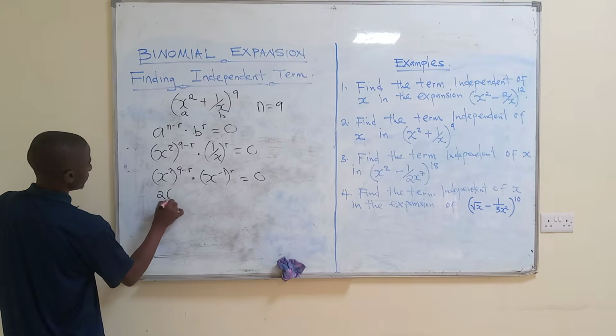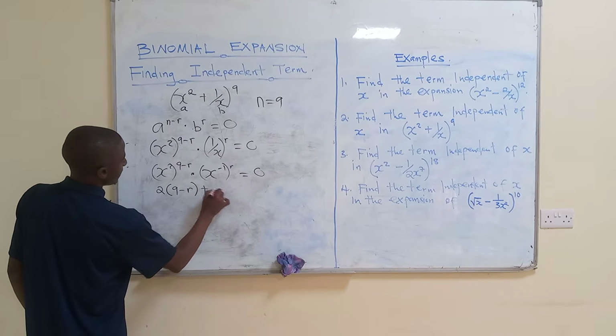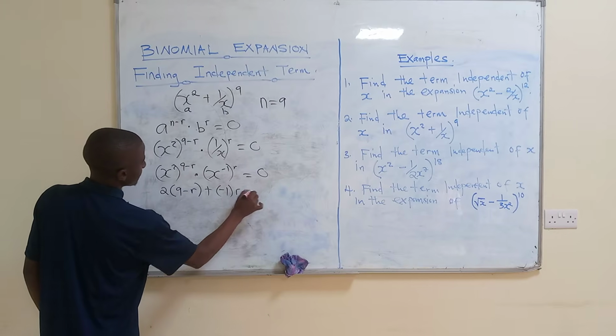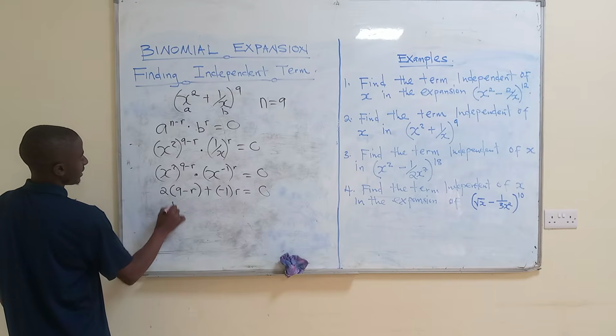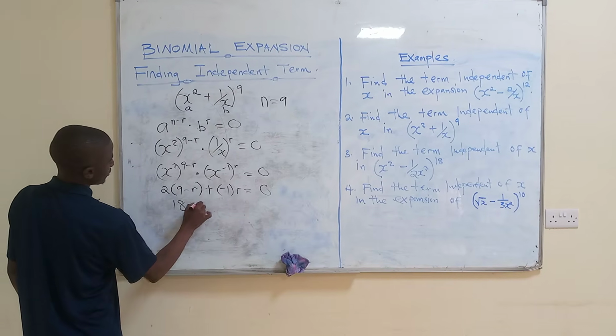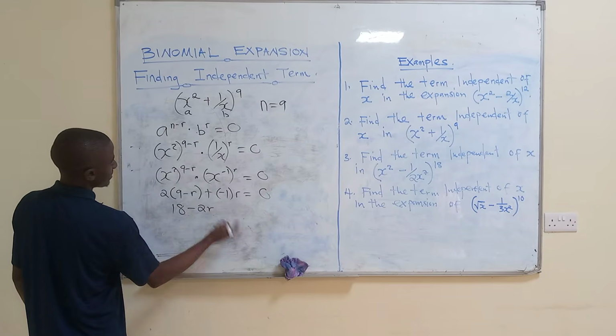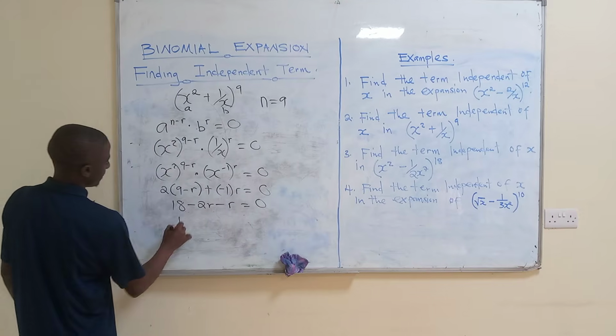So this is 2 times 9 minus r, plus negative 1 times r, is equal to 0. So 2 times 9, that is 18, also 2 times r, negative 2r. Positive times negative, negative r, is equal to 0.